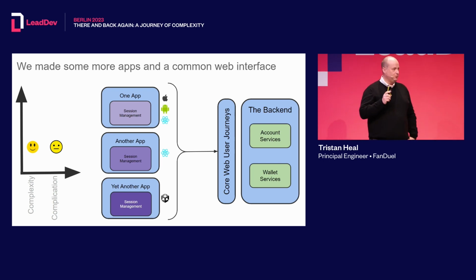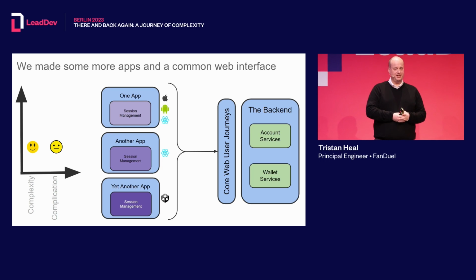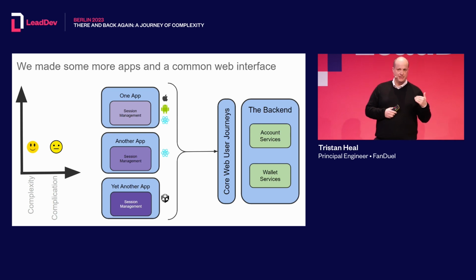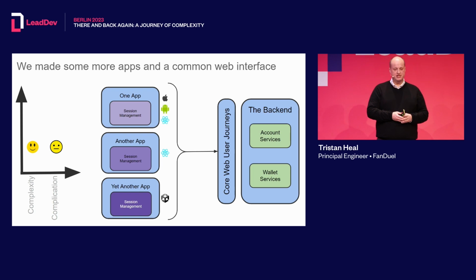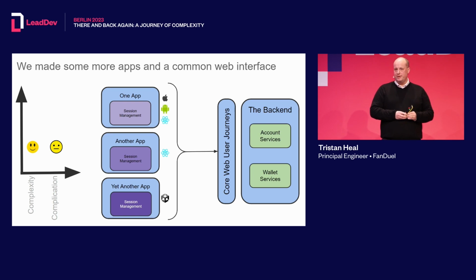Now, you will note that I have chosen different shades of purple for session management. That wasn't a stylistic choice to make the slide more appealing. Rather, it reflects the fact that each one of these apps implements session management slightly differently. And that will become important in a future slide. Now, we did recognize that there were some user journeys we didn't particularly want to repeat. So we implemented a web interface for some common user journeys.